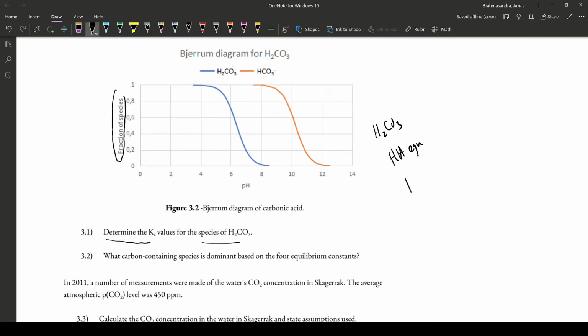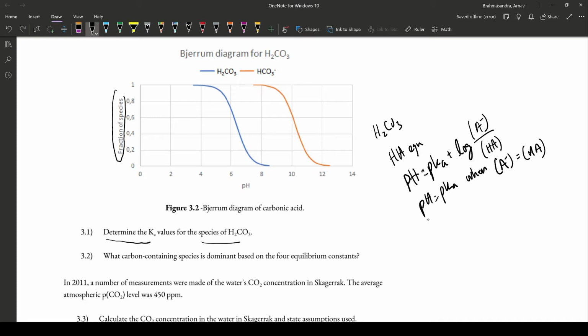If we remember, pH equals our pKa plus log of our base form over our acid form. And remember that pH equals pKa when our base form equals our acid form, because then this log term basically disappears.